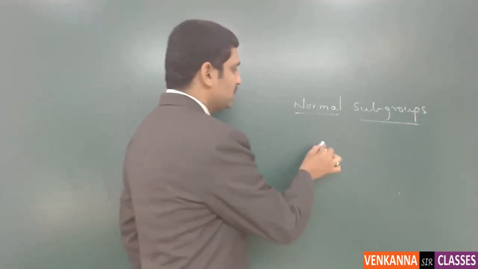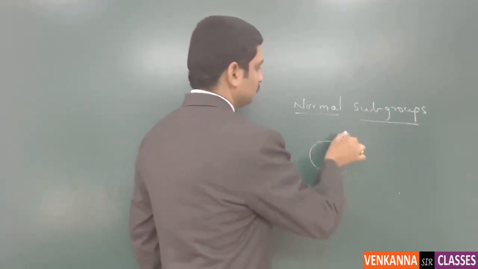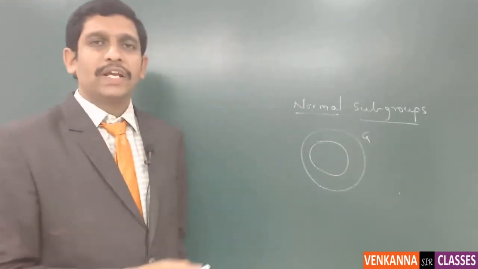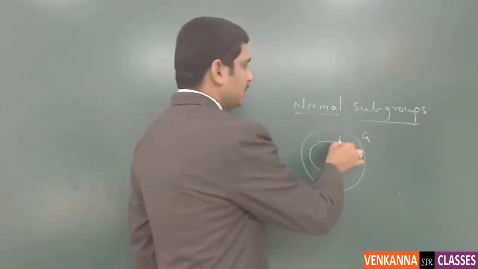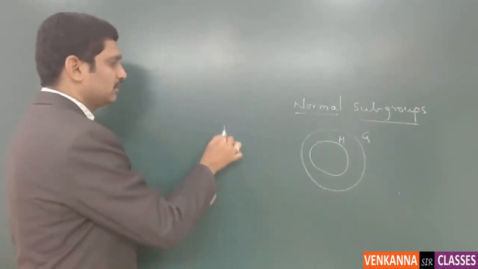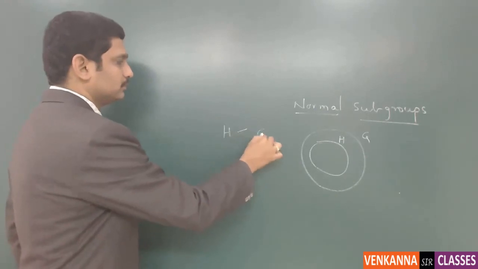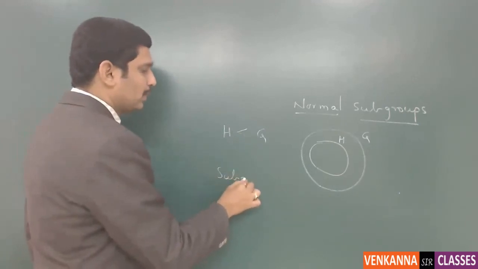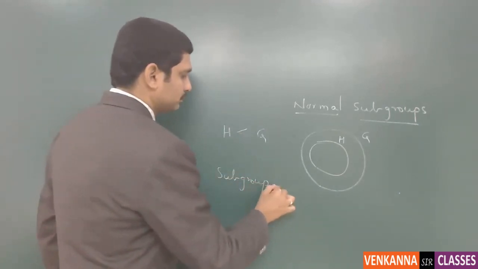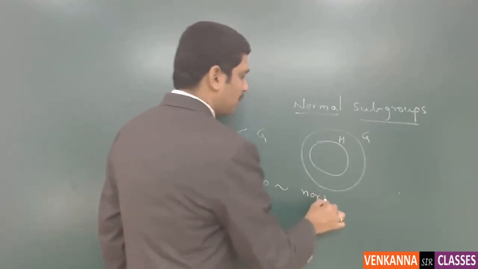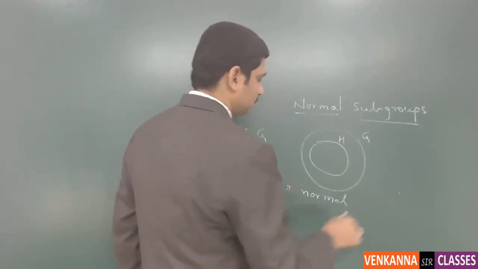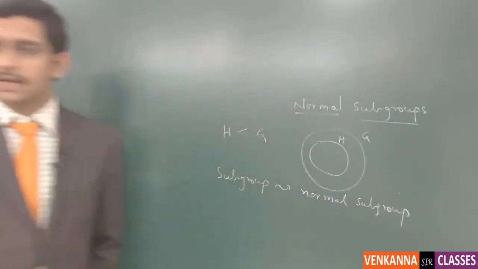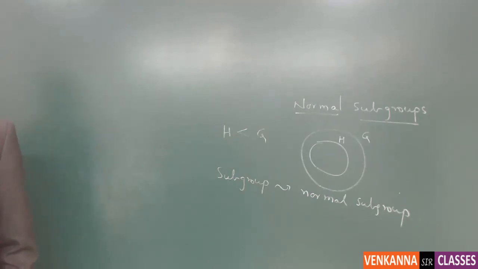So the definition is: we take a group G and H is a subgroup of G. We say that the subgroup becomes a normal subgroup if it satisfies a property.